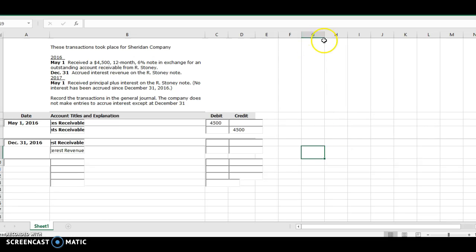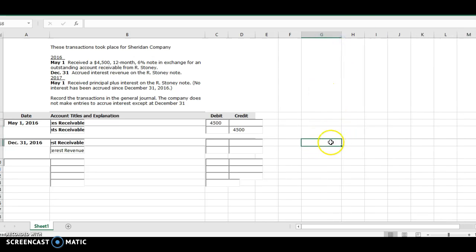So then we use our little accounting equation, which is, if I could, just want to make it bigger. There we go. Accounting equation. Because we've got a $4,500 note.